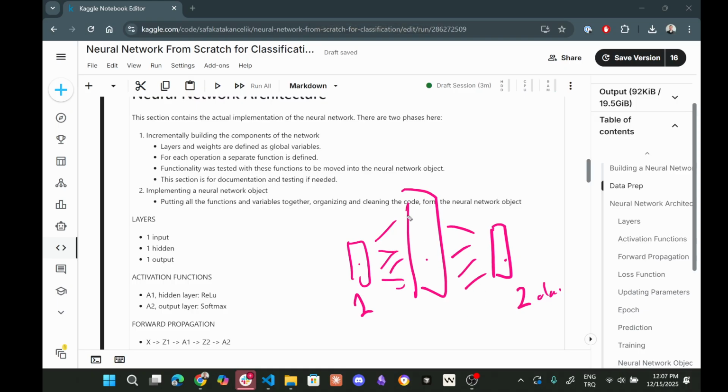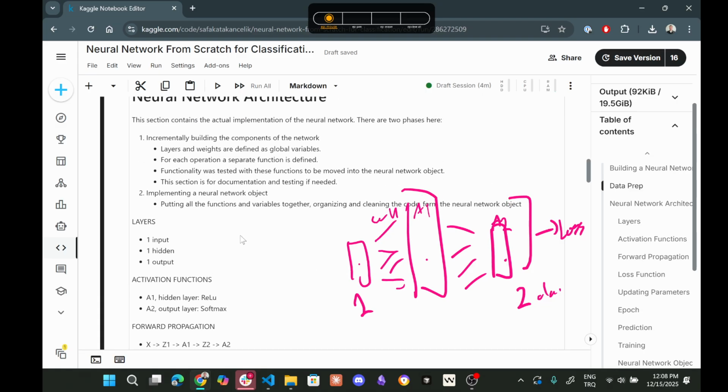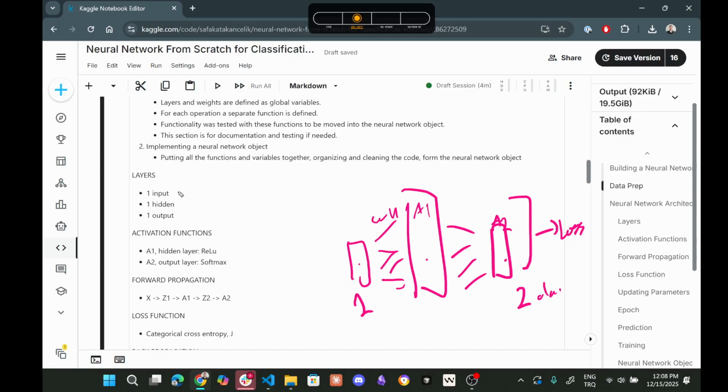Also, there are weights and biases, and in these layers I have activation functions that simply hold those values. After that, I use a loss function to calculate the cost, and that makes up one forward propagation. So as I said, layers: 1 input, 1 hidden, 1 output.